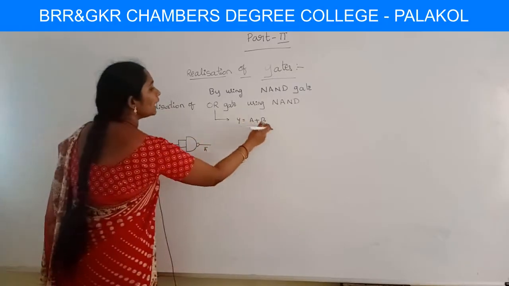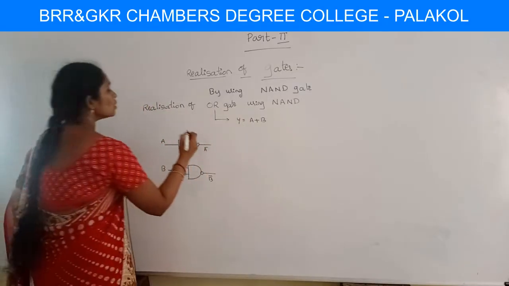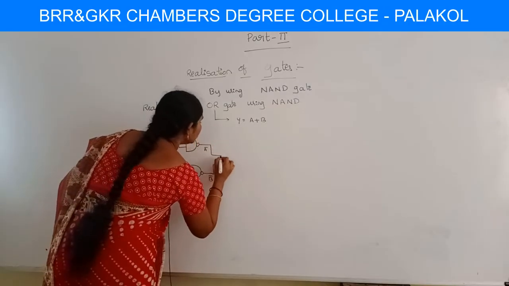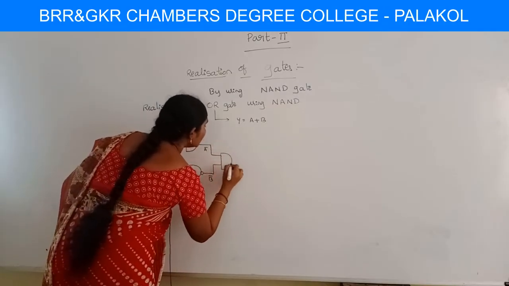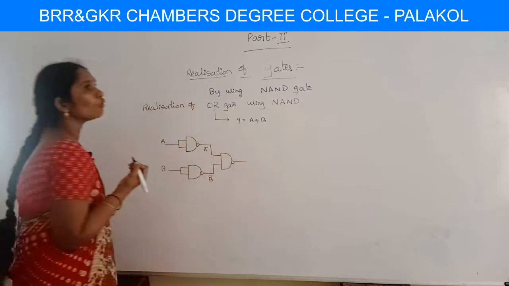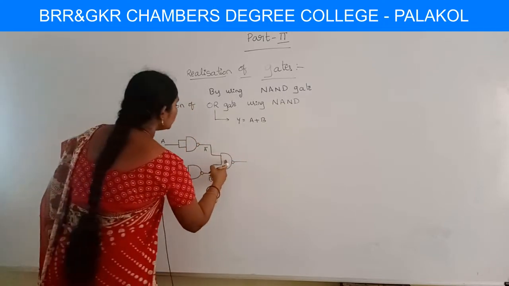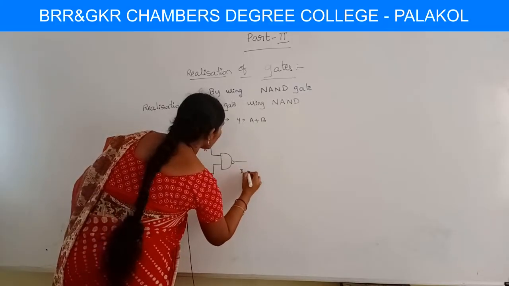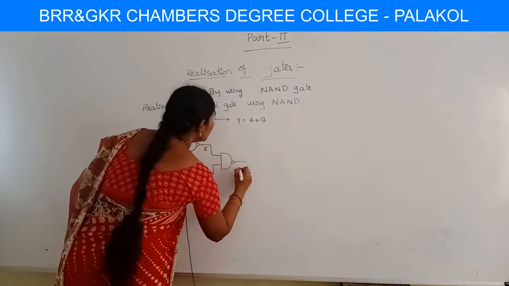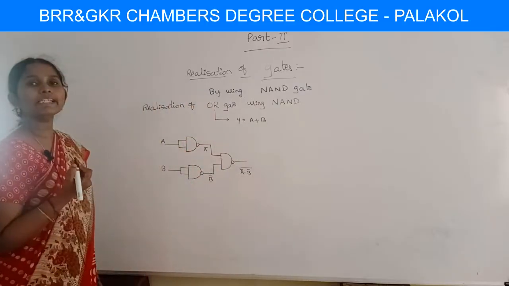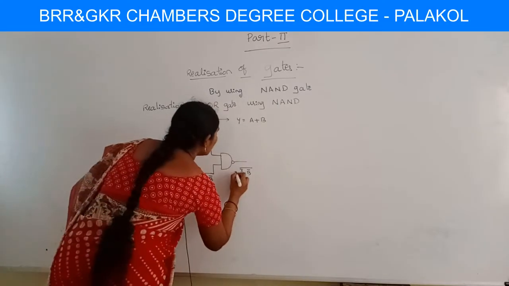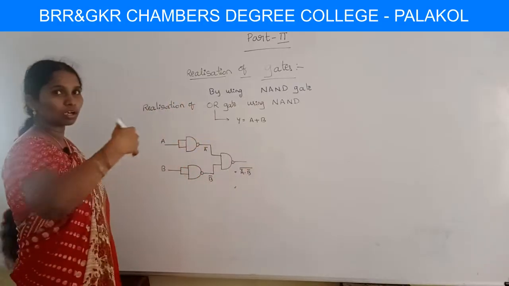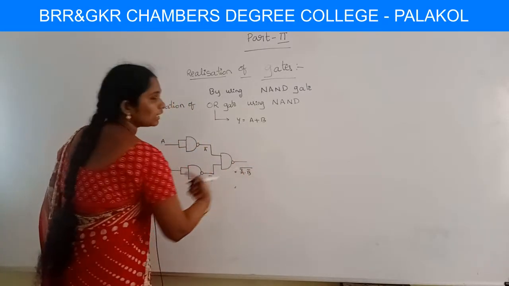We need A plus B, so we apply these two to another NAND gate. The output of this NAND gate is (A bar dot B bar) bar, because of the bubble. So finally, what is the result? We have to send this bar to the inner side.